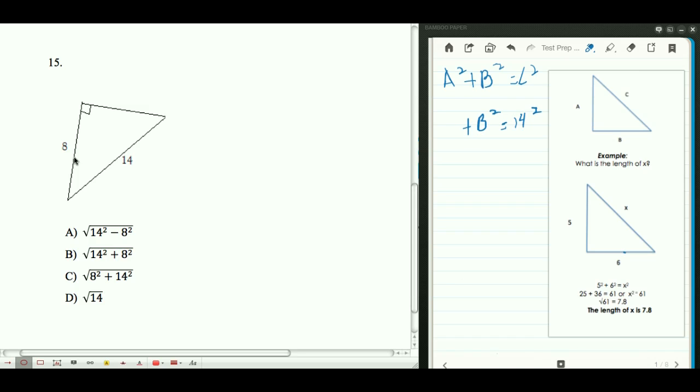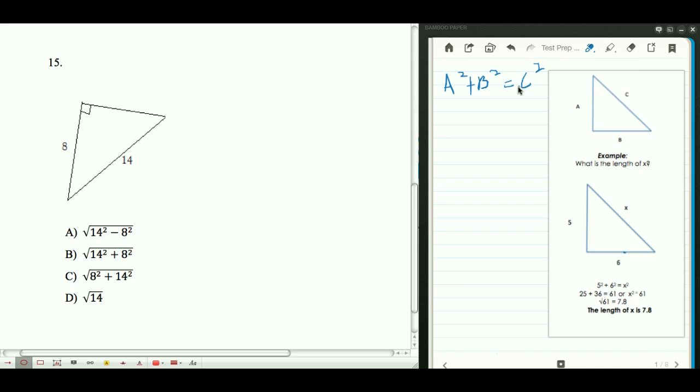And let's see, the other side is what? A squared is, there we go. Looking at this problem, it looks similar to number 13, where they want us to figure out how you solve it, not the actual answer. So if we write out the formula, we have a squared plus b squared is equal to c squared.